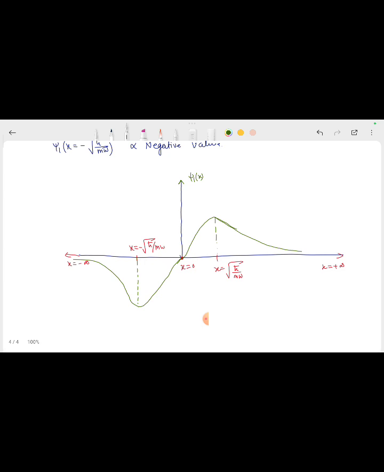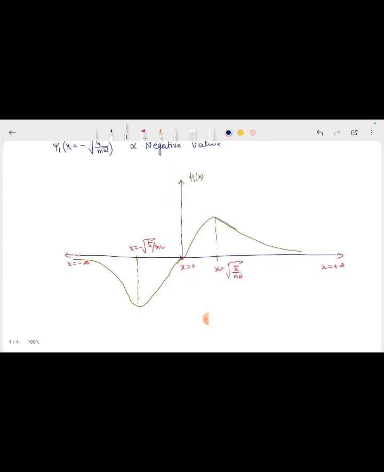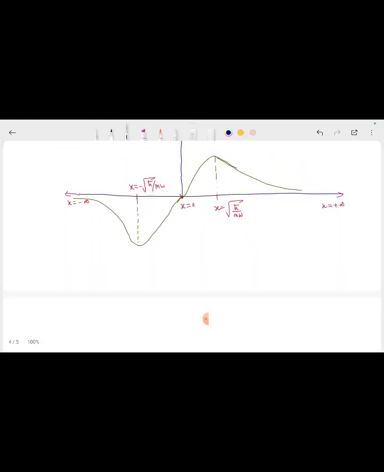From this shape, this is an antisymmetric wave function, right? You already know how to define which is antisymmetric and which is symmetric, so you will relate the concept.